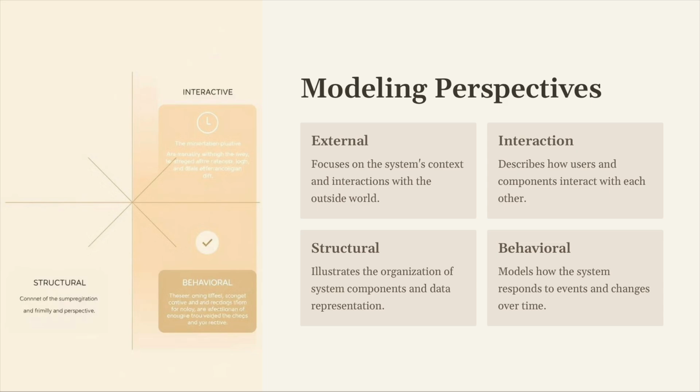Structural perspective. This focuses on the internal organization of the system, like components and how data is stored. Another one is behavioral perspective. This shows how the system reacts to change and the events over time. By combining these perspectives, we get a complete understanding of the system.